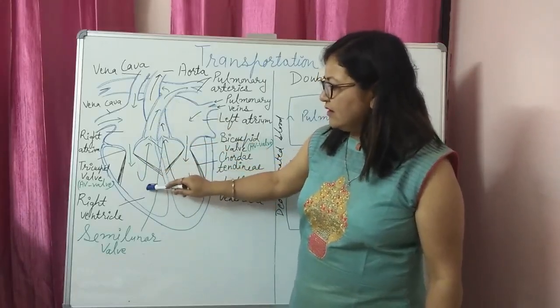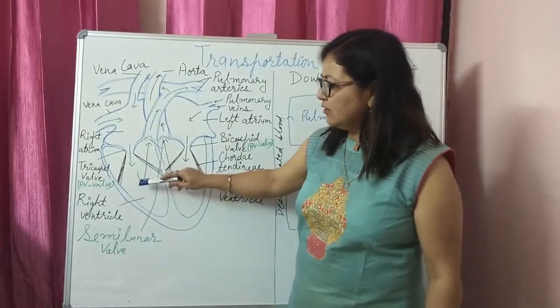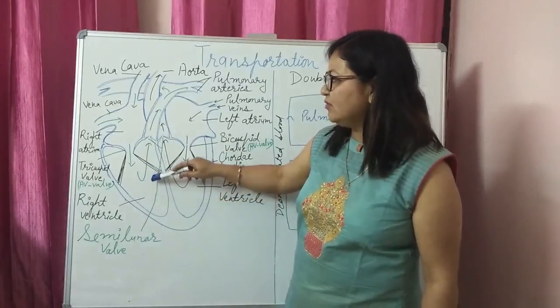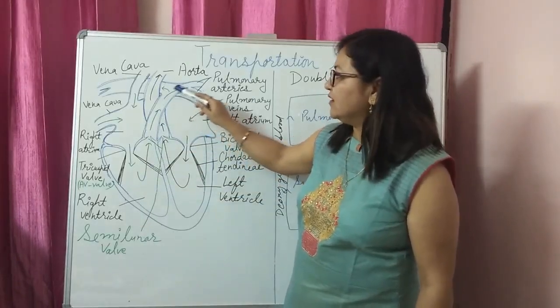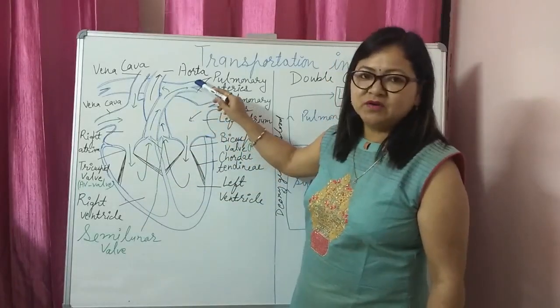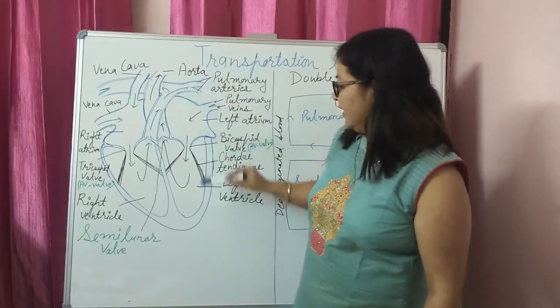The right ventricle has deoxygenated blood and it should be purified. So this ventricle contracts and blood is pumped into the pulmonary arch, which divides further and brings the blood to the left and right lungs for purification.